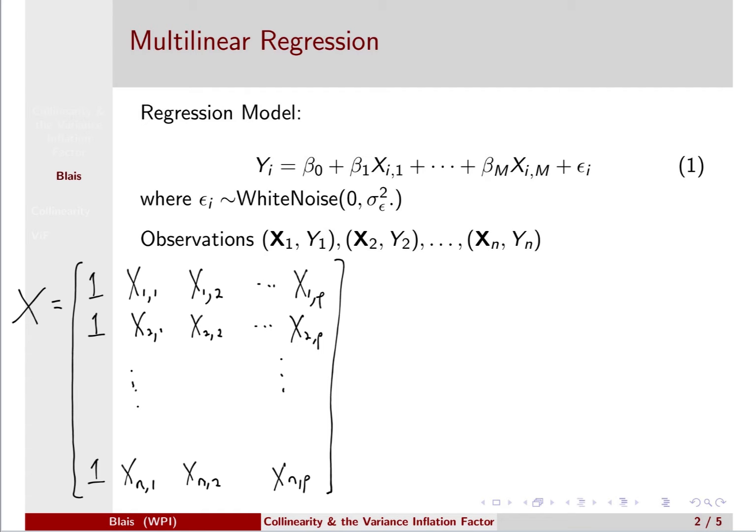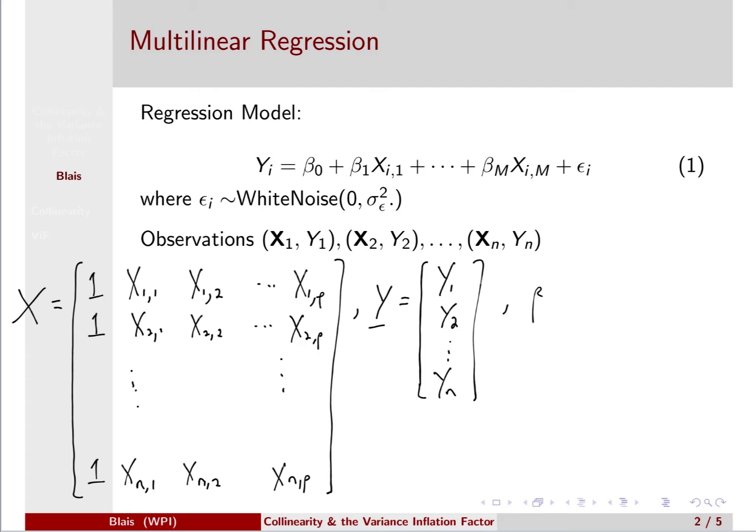And so think of this as a very tall but thin matrix. We'll have fewer predictors, P, than we do observations n, typically. So there are many more rows than columns. We then lump our observations of the response into a vector. So we'll have y1, y2, down to yn.